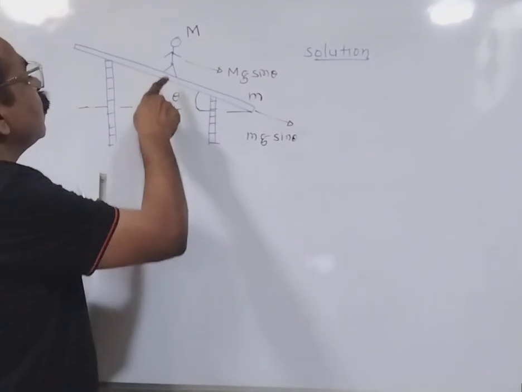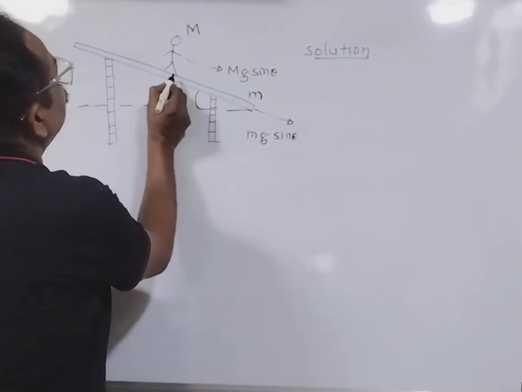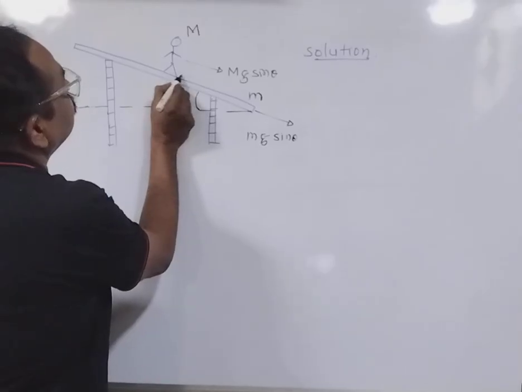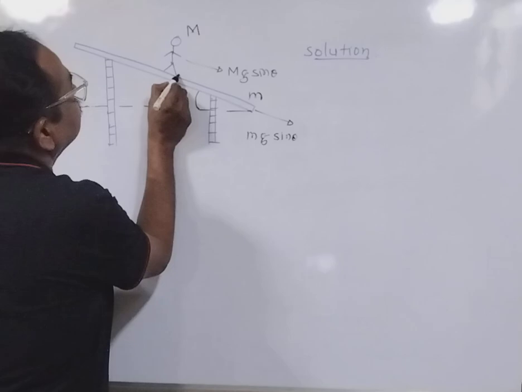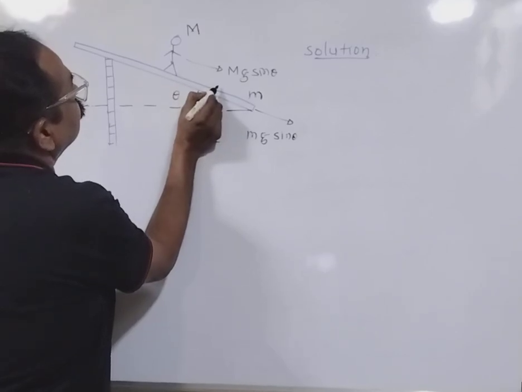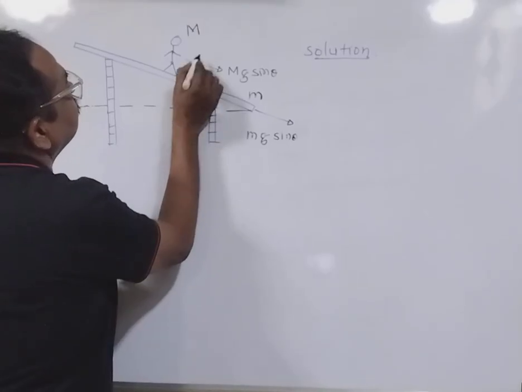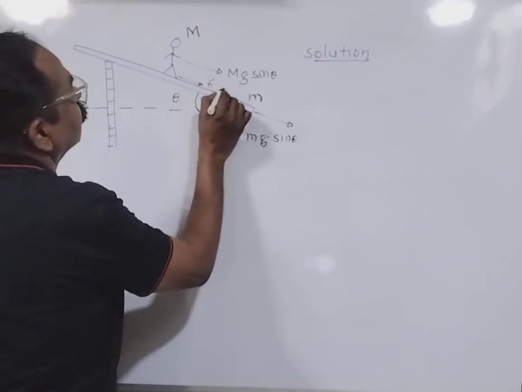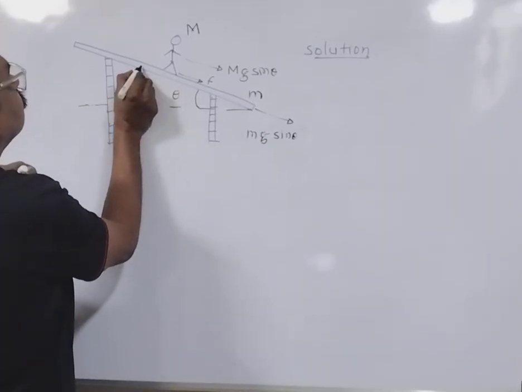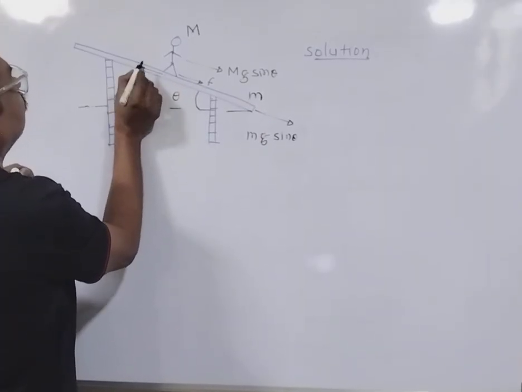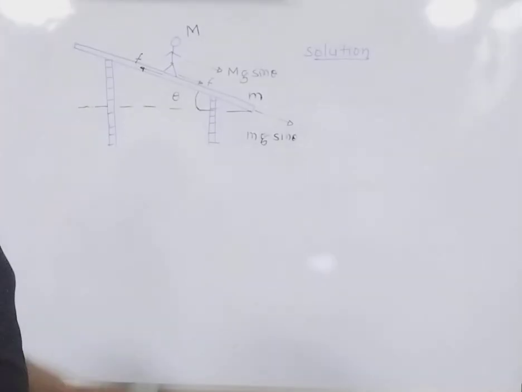If the man moves in a downward direction, the frictional force on the man will be in the downward direction. On the opposite side, due to equal and opposite forces, the frictional force on the plank will be acting in the upward direction. This is one of the cases.